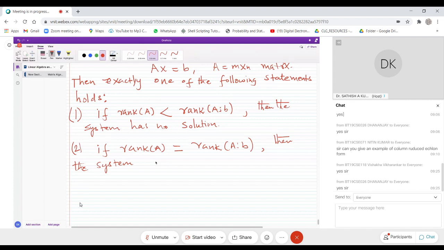Rank can be defined for any matrix, that is not an issue. The size is m by n, but nowhere do we say that it is strict. To give a counterexample we stick with square matrices, because square matrices are much simpler to handle.